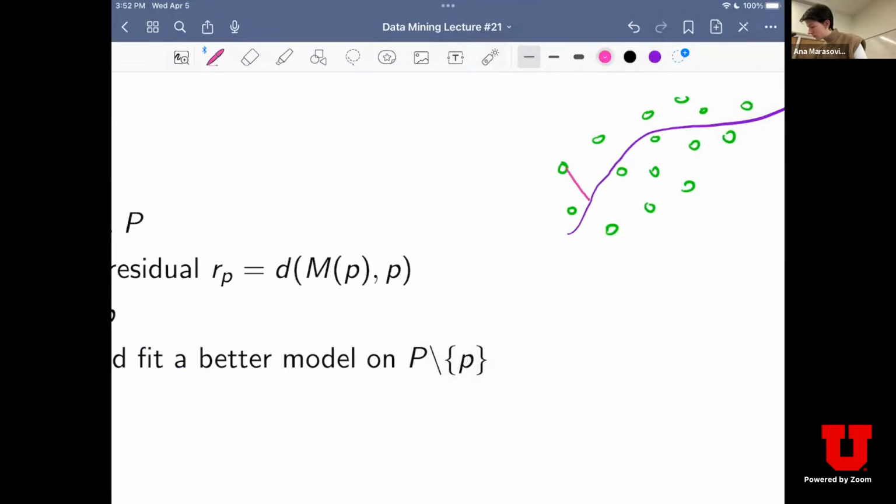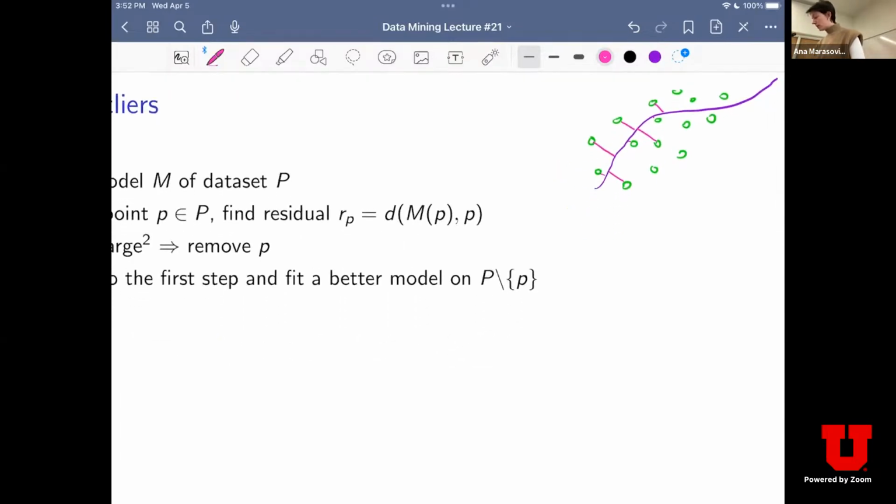So here, these are all our residuals, and none of them are exceptionally different from each other. But if we had a point that's very far away from the others, maybe over here, then our residual would be way larger than all these other residuals.